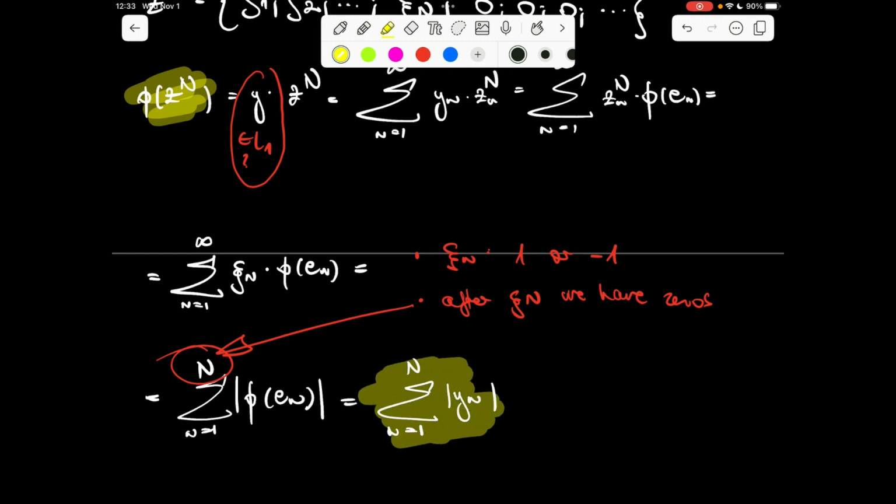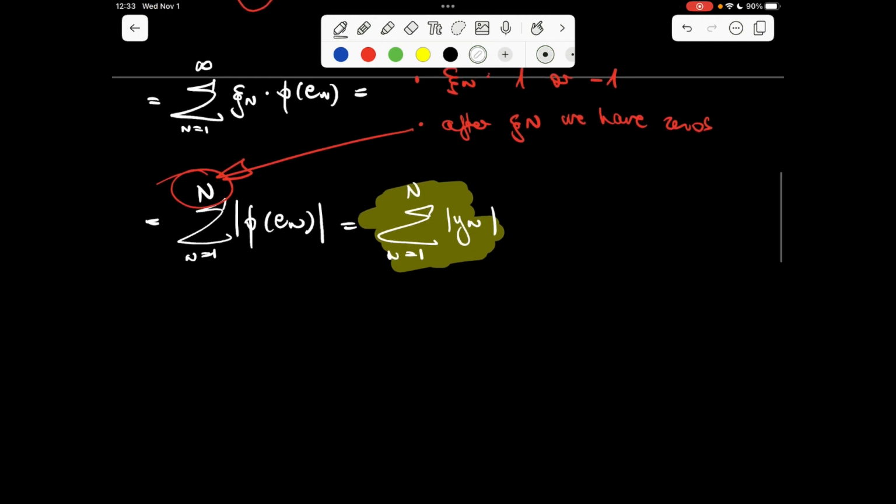This is the point we want to use later, and it is also true because of the continuity of the linear functional.